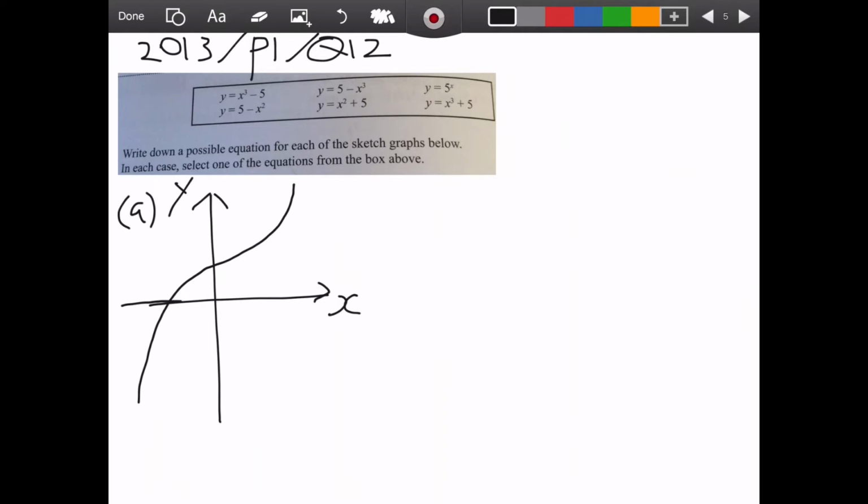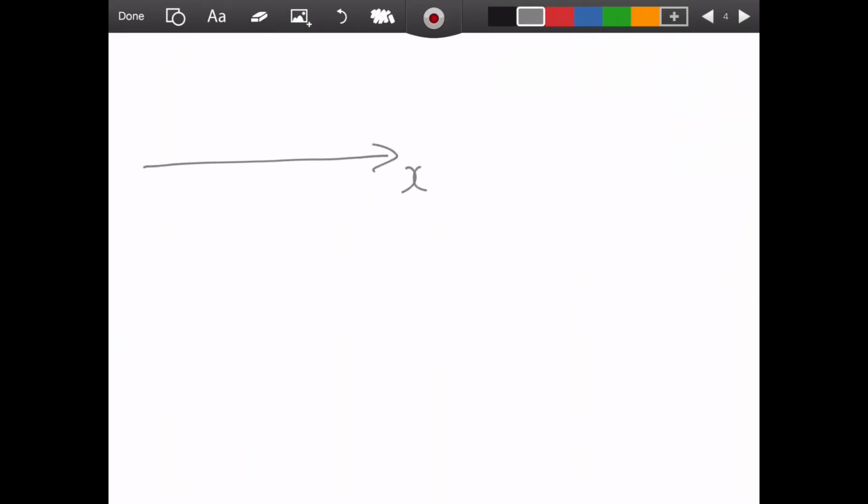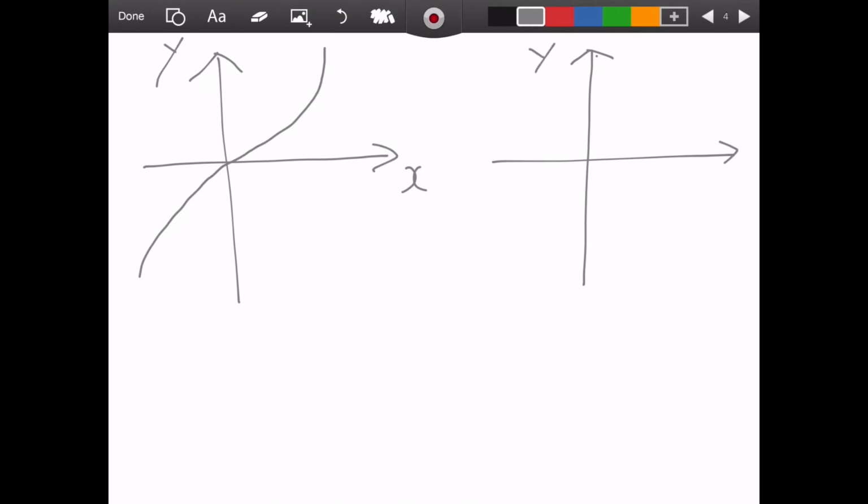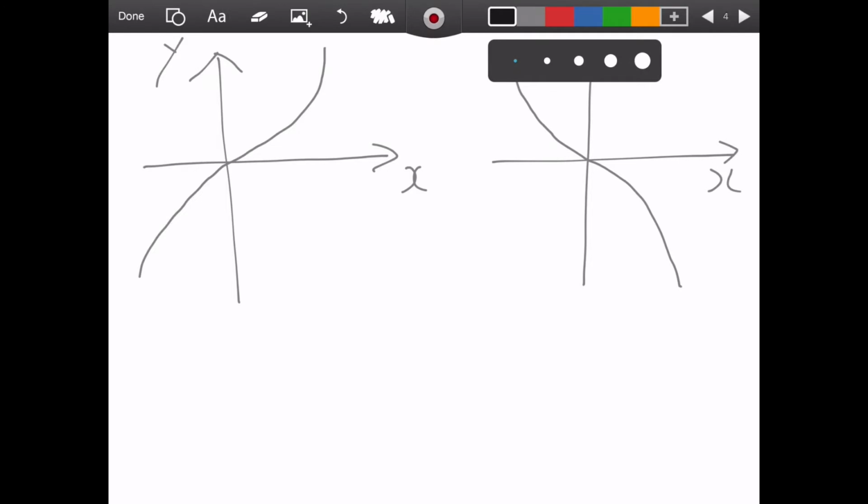So for part A, before we go into that, I would like to draw a graph just to show you. Whenever you see graphs like these, or graphs like these, you should notice that this is an x power of cube graph.